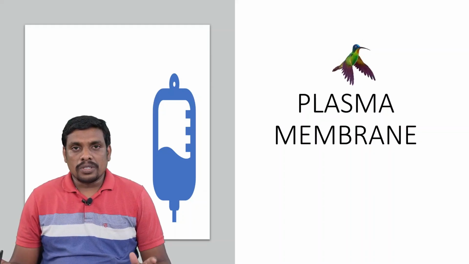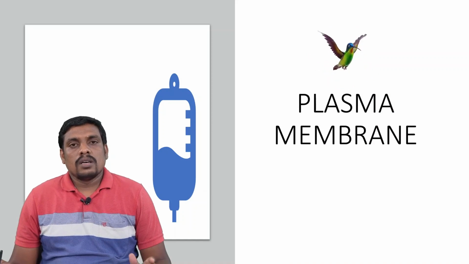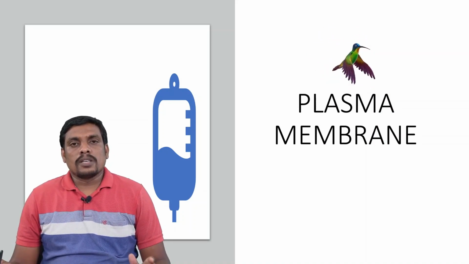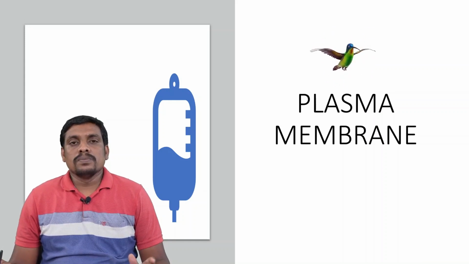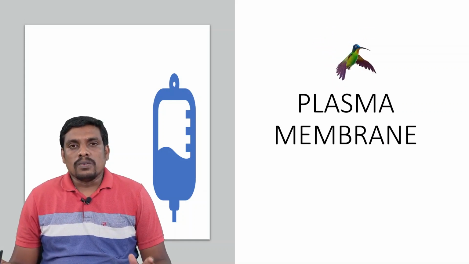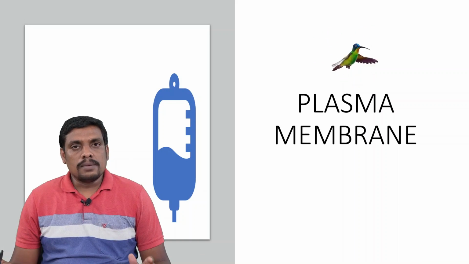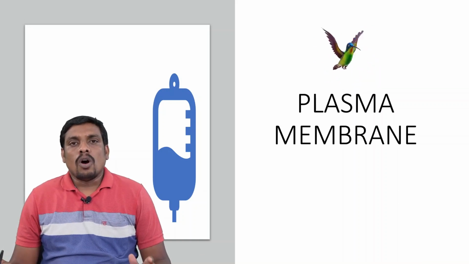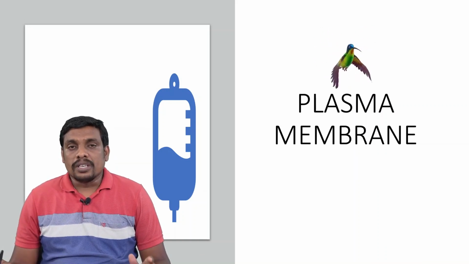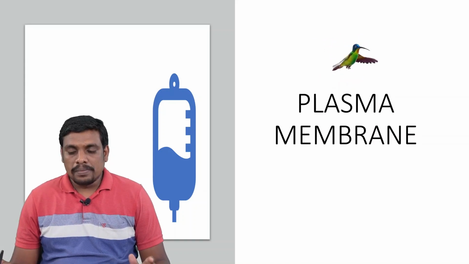In other words, it is also known as sarcoplasm or sarcolemma. Sarcoplasm depicts cytoplasm, and sarcolemma depicts the cell membrane or plasma membrane of the sarcomere, that is nothing but muscle fiber.